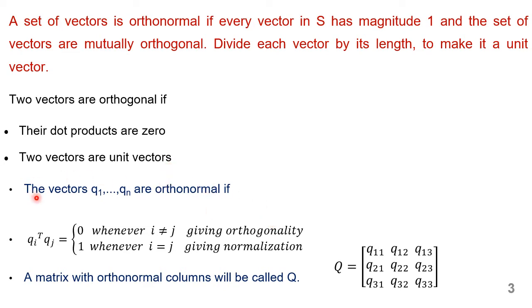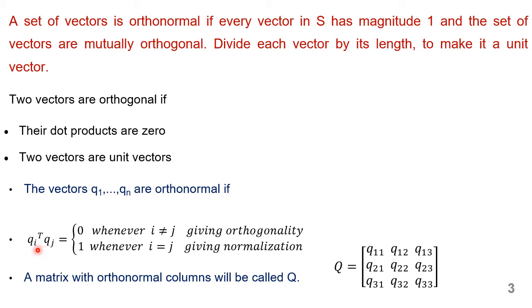In general, I can say that the vectors q1, q2 up to qn are orthonormal if qi transpose qj is equal to 0 whenever i is not equal to j. It means they are orthogonal. It is as good as saying qi dot qj equals 0, which means qi is orthogonal to qj.